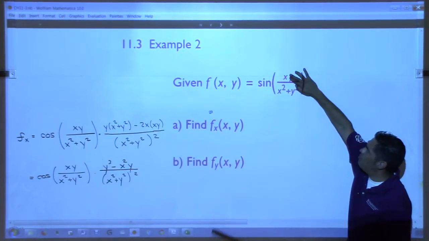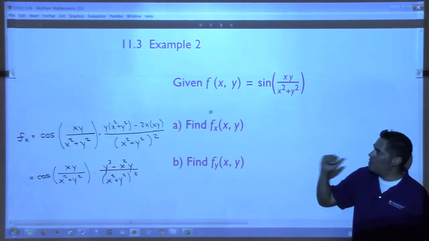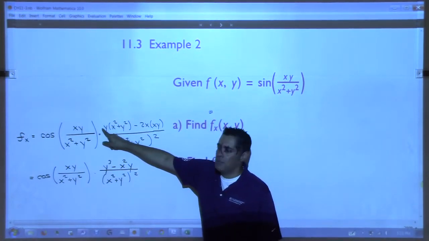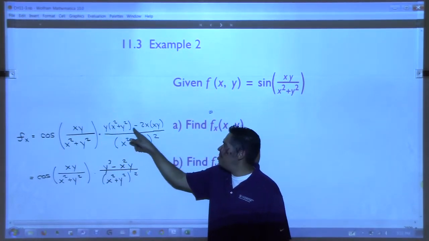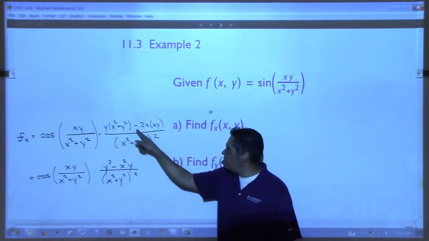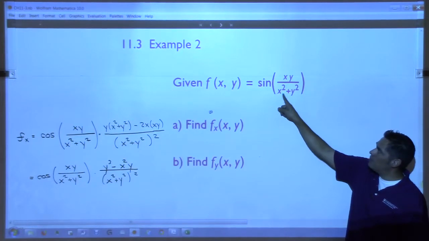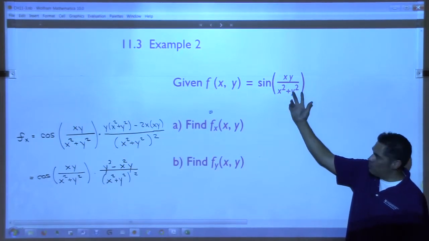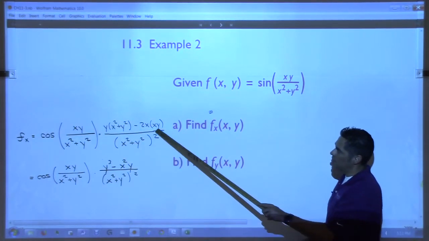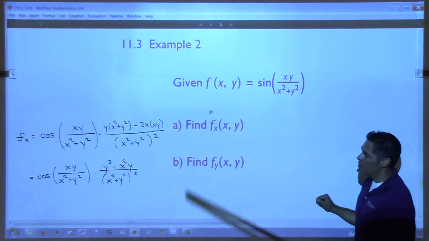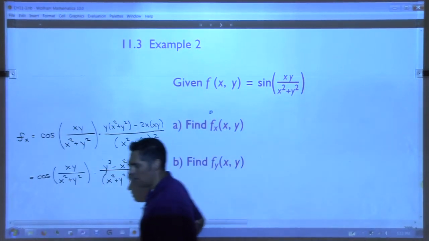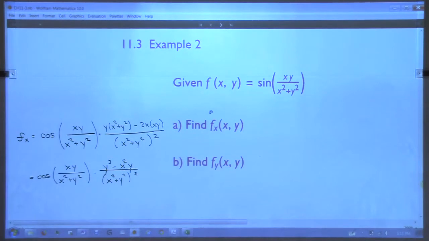Derivative of x is 1. 1 times y is just y. So that's this, then times the bottom, and then minus, because that's what quotient rule says to do, the derivative of the bottom with respect to x. 2x plus 0, so 2x, and then times the top one, and then over the bottom one squared. You can clean it up from there, but that's the basic mechanics. Okay? Let's proceed.